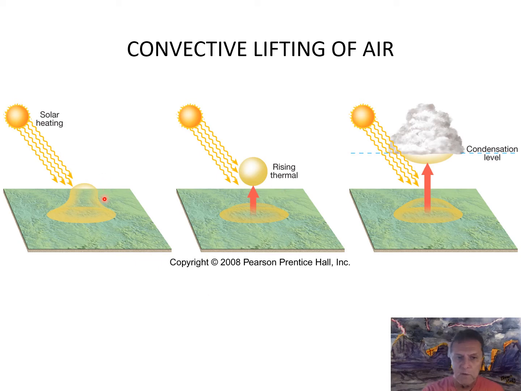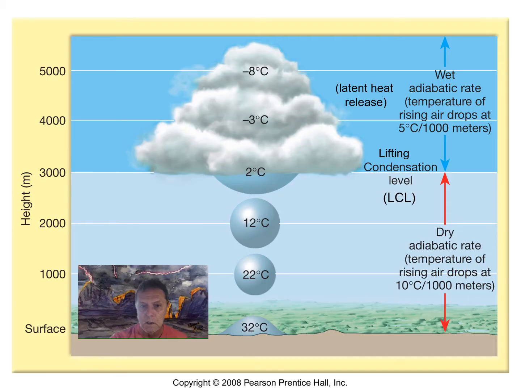You see that a bubble of air may form above the warm ground because warmer air is less dense, so it tends to rise. That's what we call a rising thermal. Then it reaches an elevation or a height or an altitude above ground surface called the condensation level. And I'll explain that in a little more detail in this next.